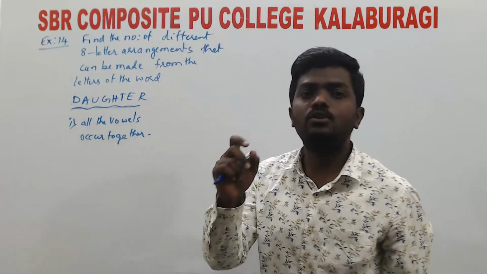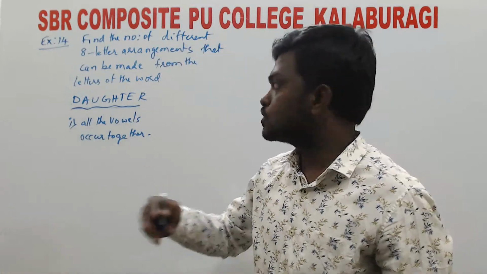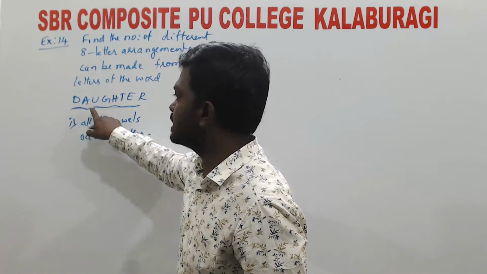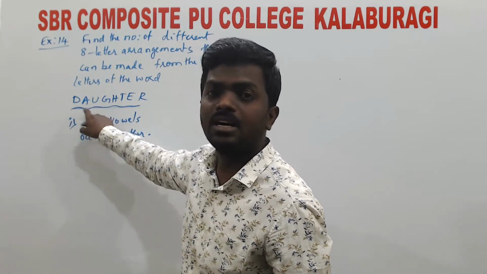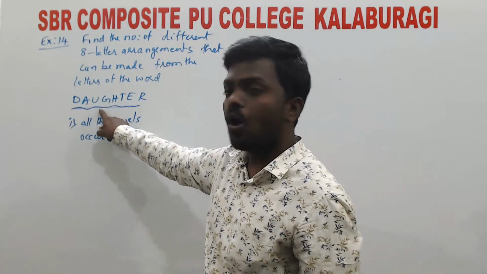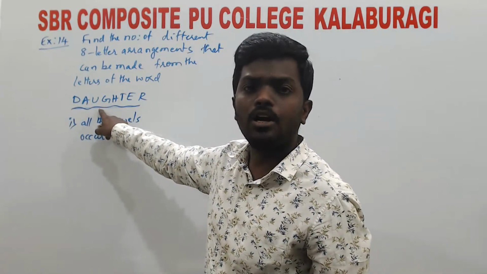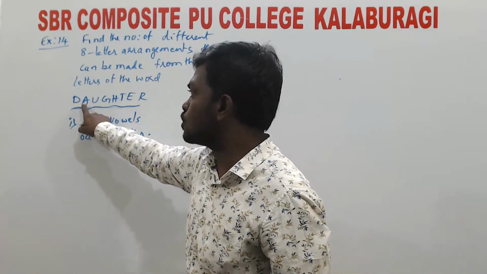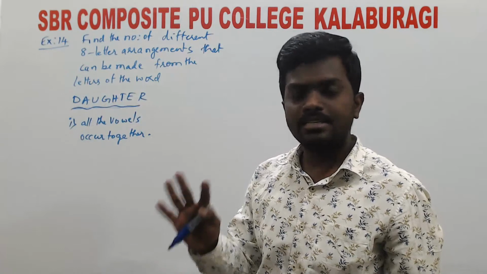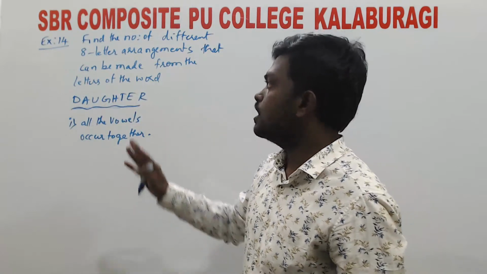Whenever they give you a question like this, first check whether all the objects or letters in the given word are distinct or not, right? Here all the letters in the word daughter are distinct, so no letter is occurring more than once. Is that clear? Understand that first.